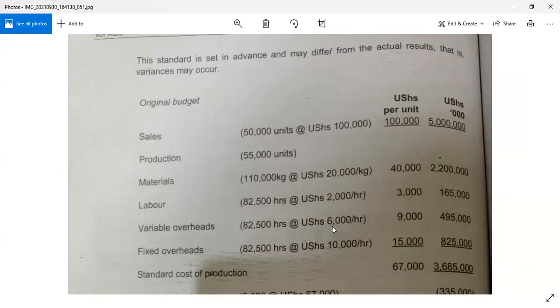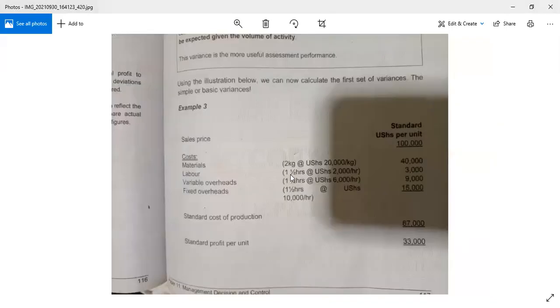Remember, in the standard costing statement, they tell us that a single unit should take 1.5 hours. So if you're producing 56,000 units, it will be 56,000 units times 1.5, which would give you about 84,000. You subtract from it what was actually the time that labor took.